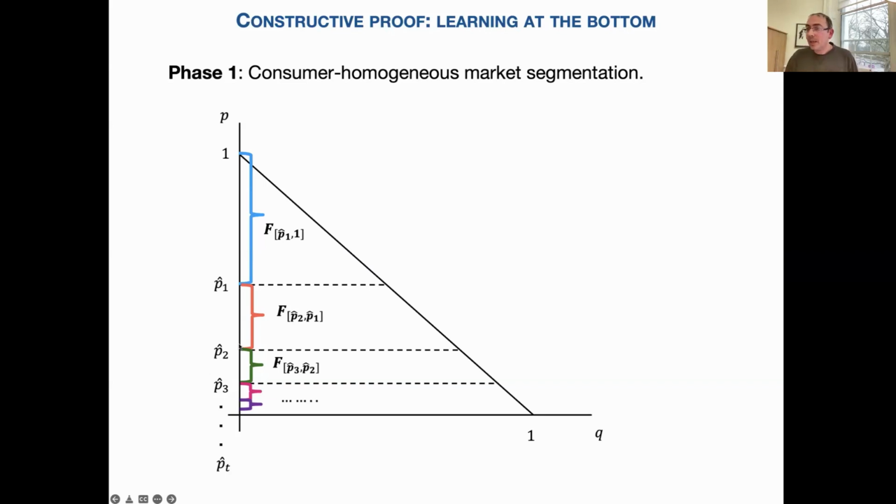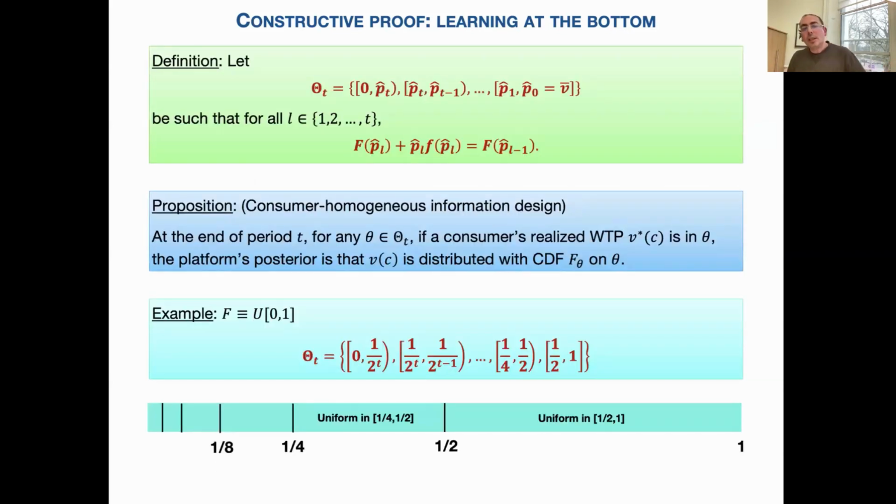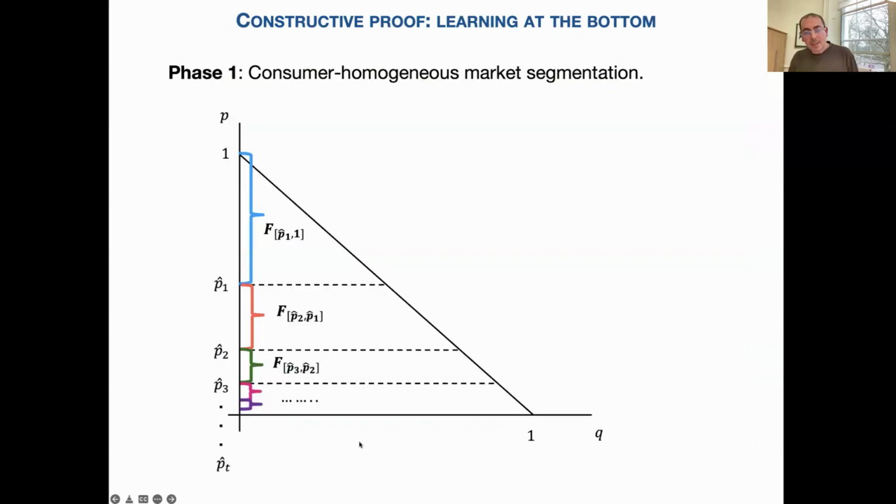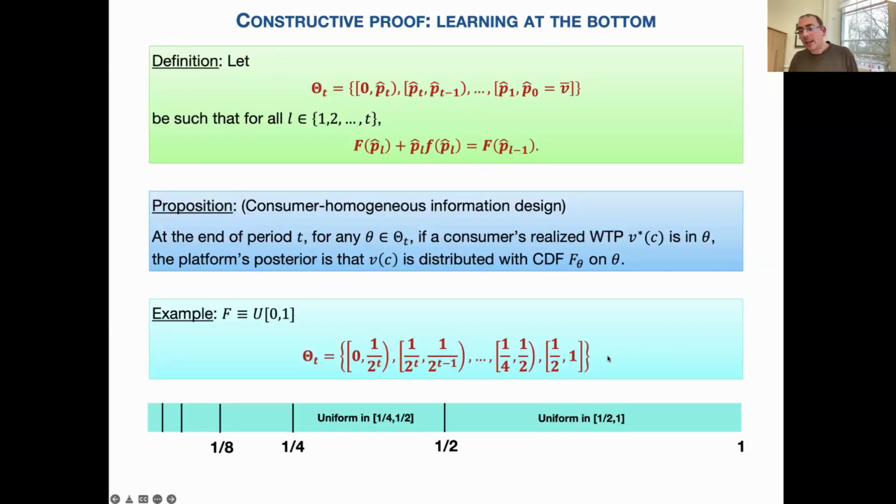Okay? Let me just be a little bit more specific. So this is what I learned after having done this consumer homogeneous information design. I learned for every individual with characteristic C, in which segments they are. These segments in the uniform case are exactly these numbers here, okay?